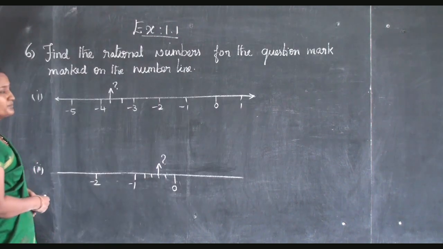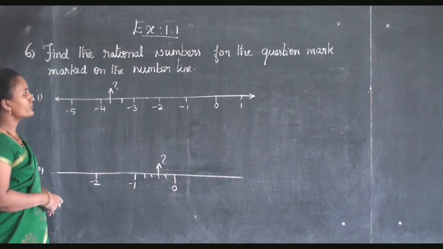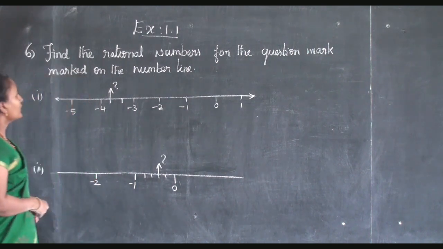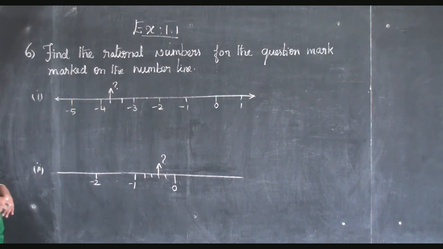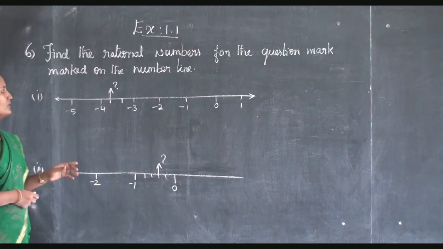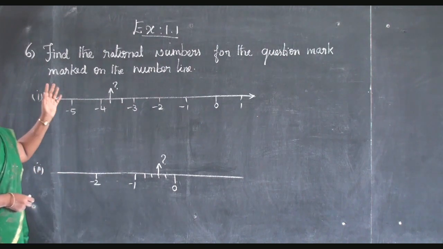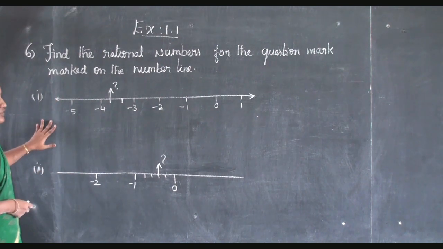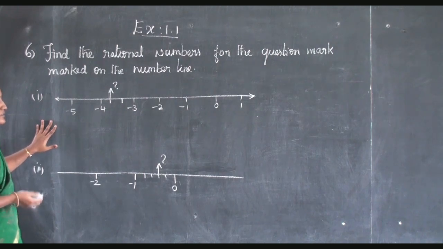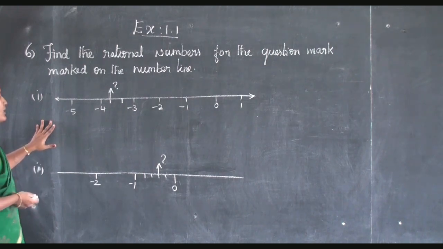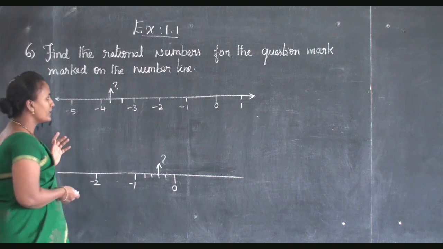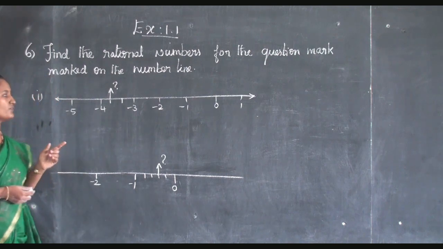Now the sixth sum. Find the rational numbers for the question mark marked on the number line. Last sum they given the numbers. We draw the number line and mark the numbers. Here they given the number line. We have to find what's the number.